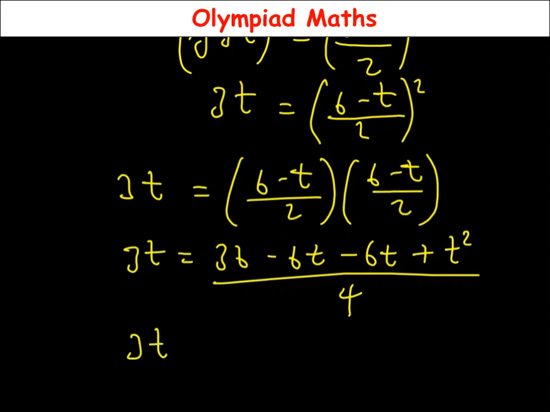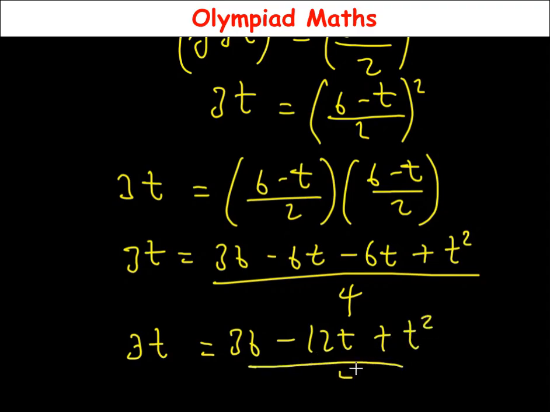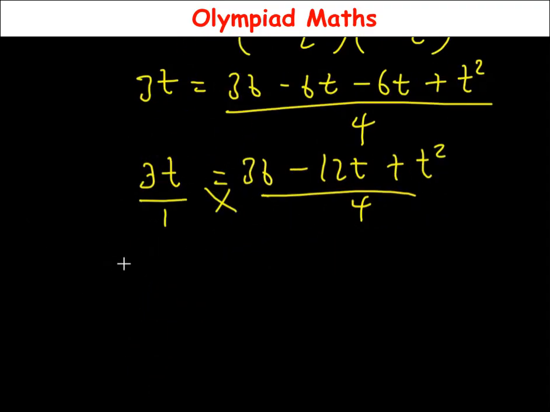So 3t is equal to 36, then minus 6t minus 6t is simply minus 12t, then plus t squared, all over 4. At this junction, 3t can be written as over 1, and we can then cross multiply, such that 3t times 4 is 12t is equal to 1 times this, 36 minus 12t plus t squared.